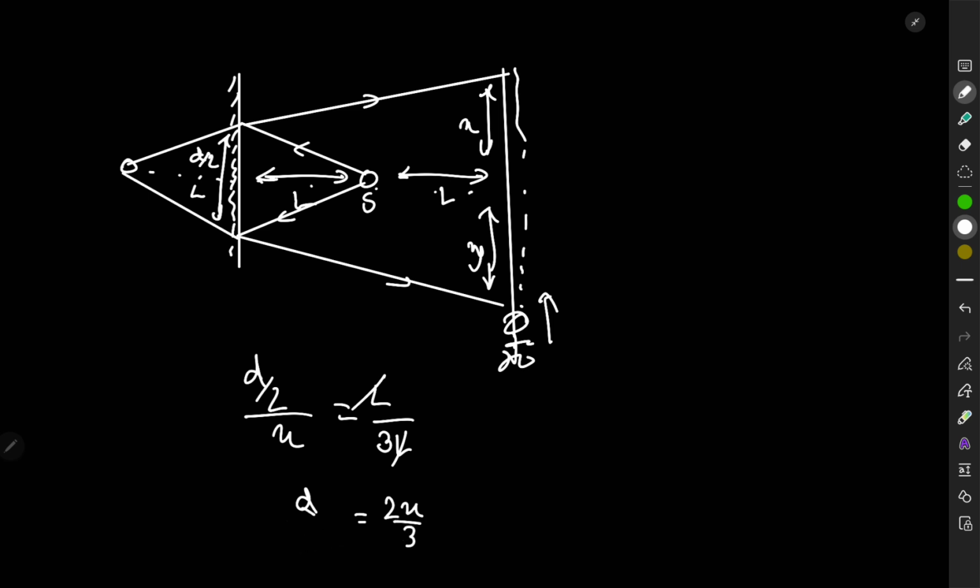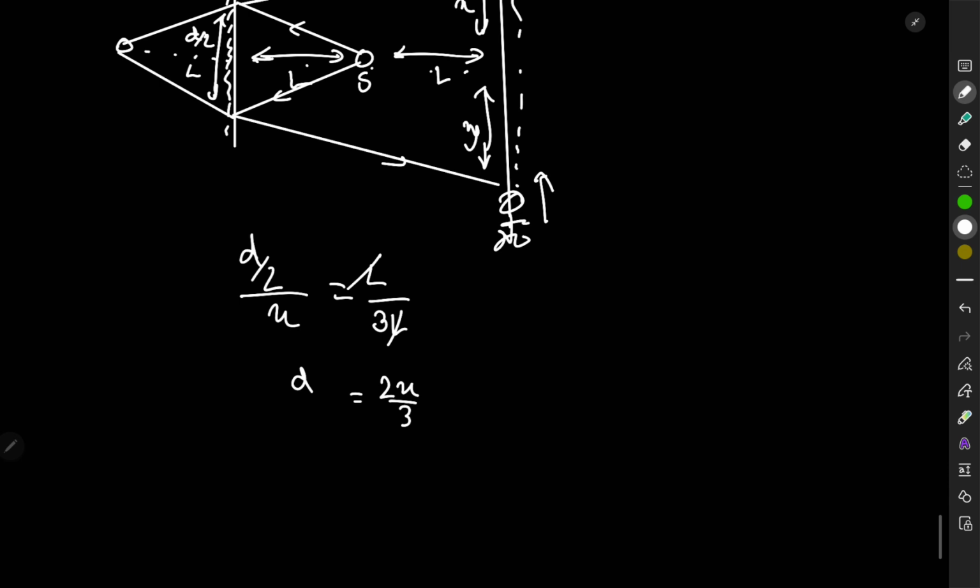Okay. But we need the value of x, not the D. So x is 3D by 2. Right? Fine.